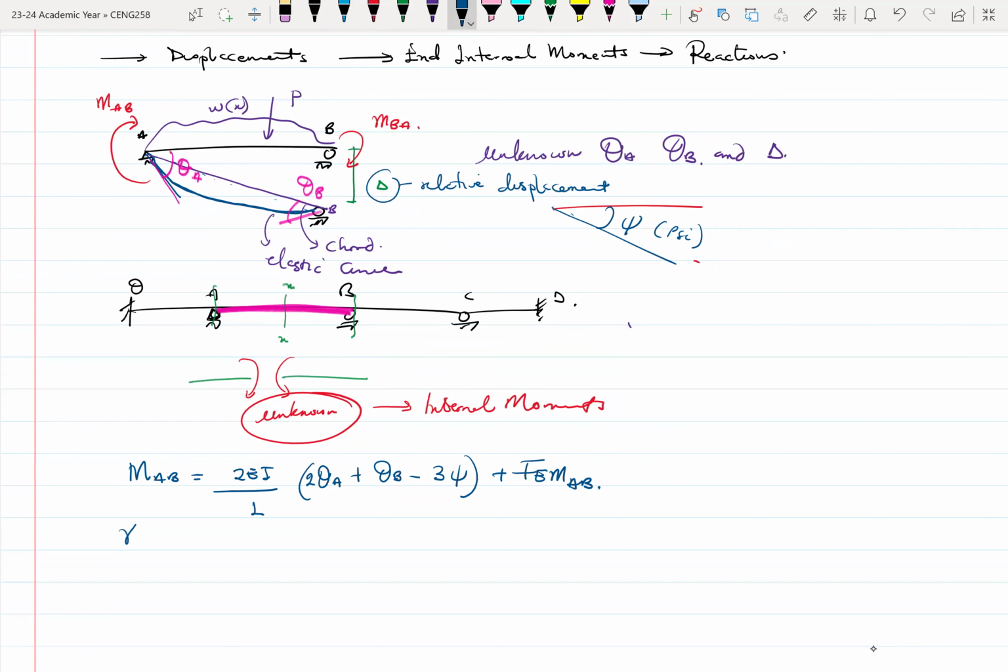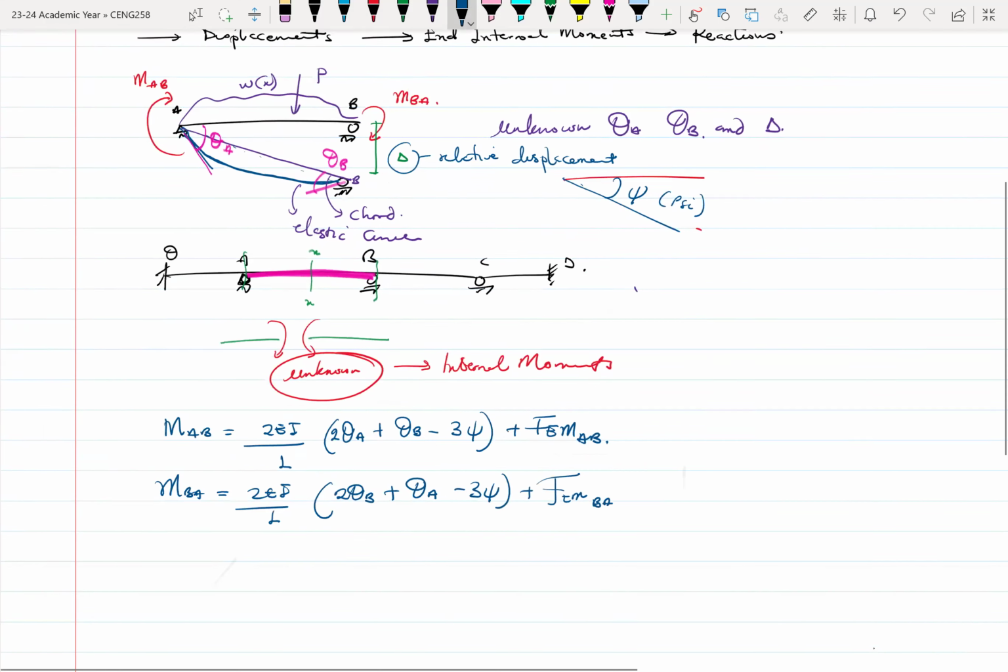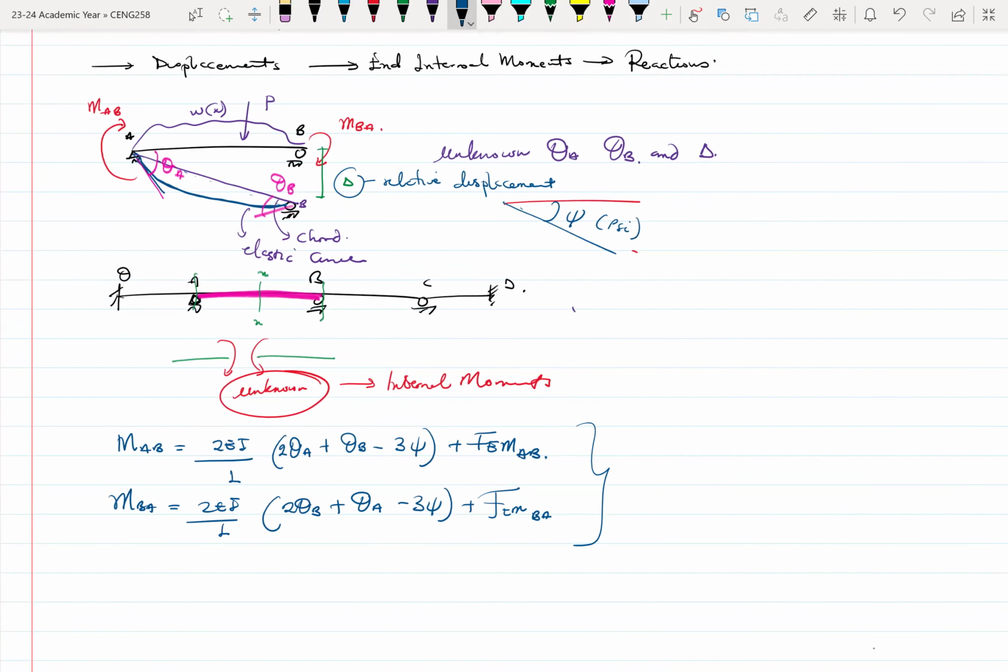Then MBA will be 2EI over L times 2 theta B plus theta A minus 3 psi, plus the fixed end moment at BA, or at the end on the right side. This is what we call the slope deflection equations.